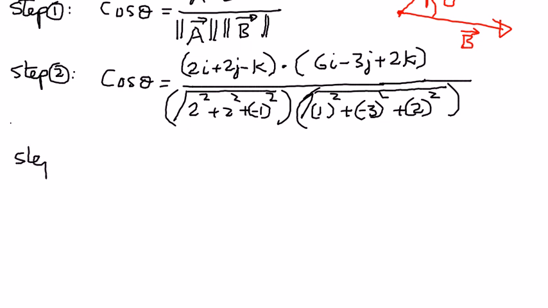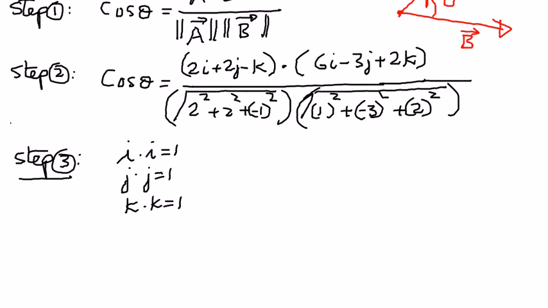As step number 3, we will also write that i dot i is equal to 1, j dot j is equal to 1, and k dot k is equal to 1. These are some of the properties of vector operations.